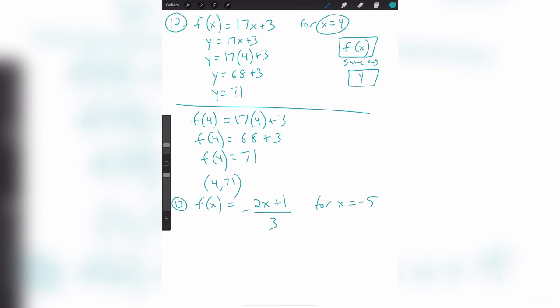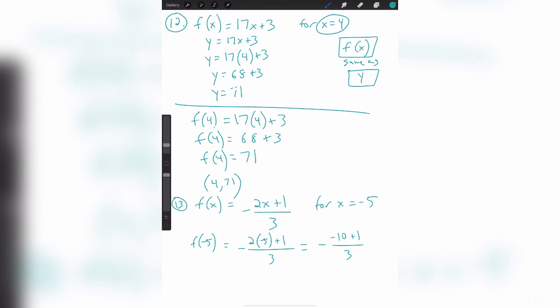So I'm going to plug in negative 5 every time I see x. All right, so negative, okay, so 2 times negative 5 plus 1 over 3. And if I multiply across, I get negative 10 plus 1 divided by 3.